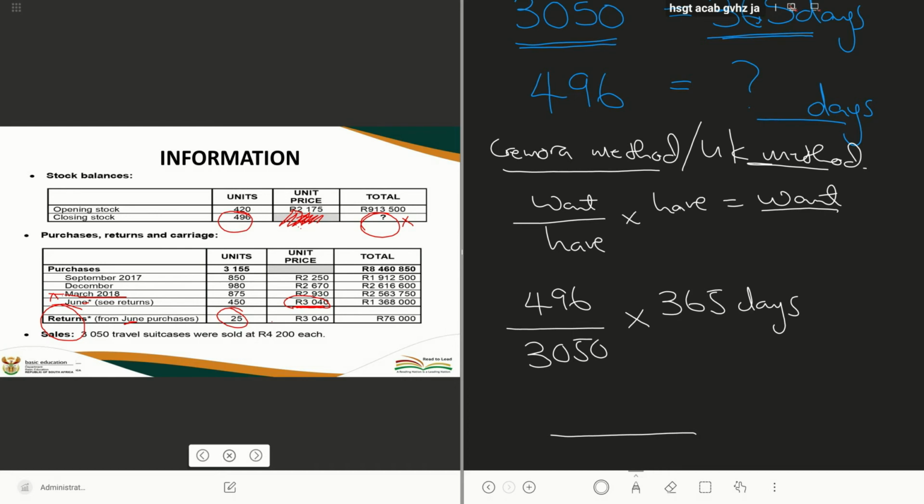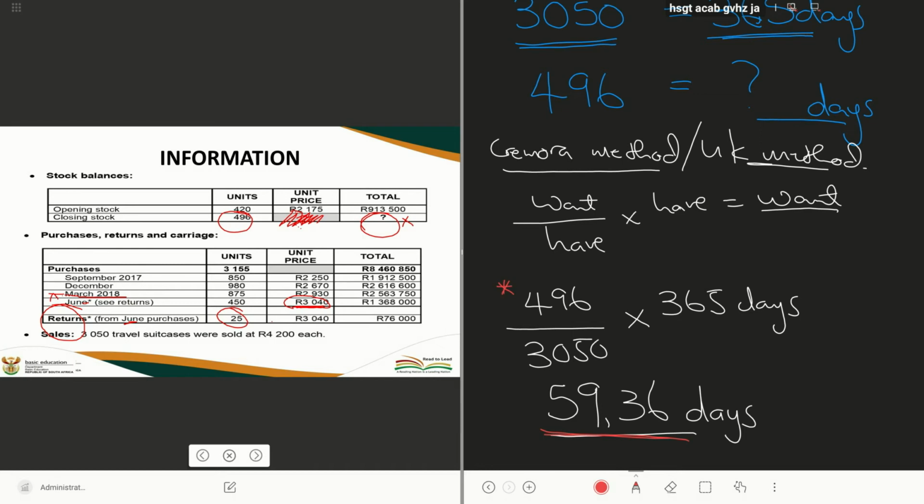And it's going to give you 59.36 days. In other words, it is going to take us 59.36 days to sell our closing stock of 496 units.